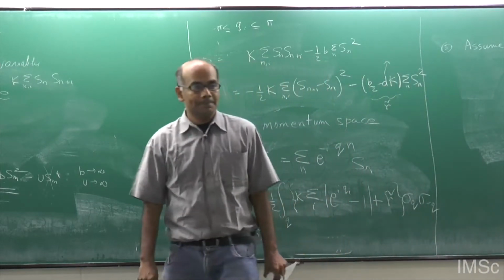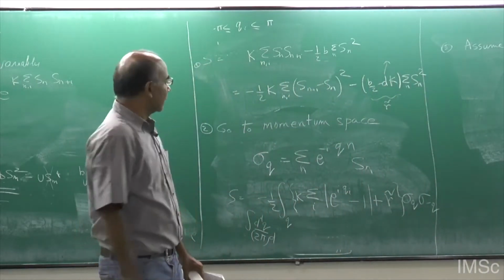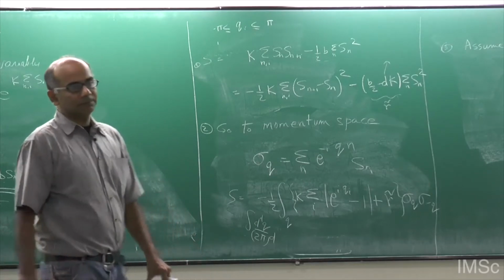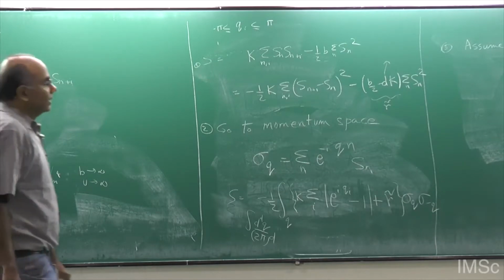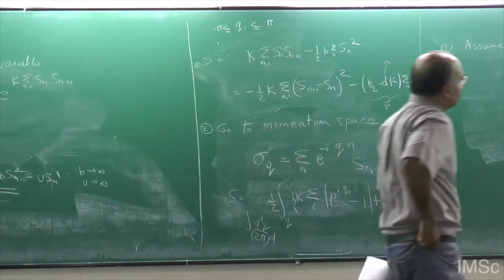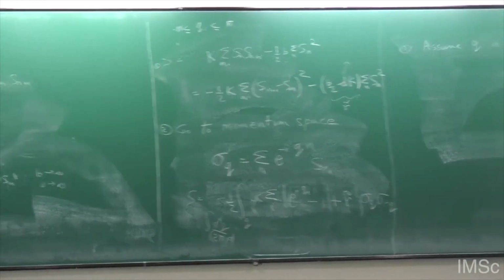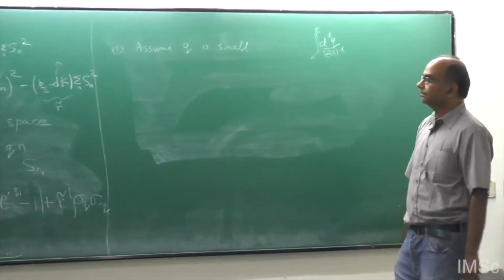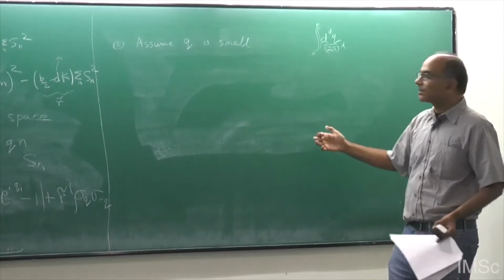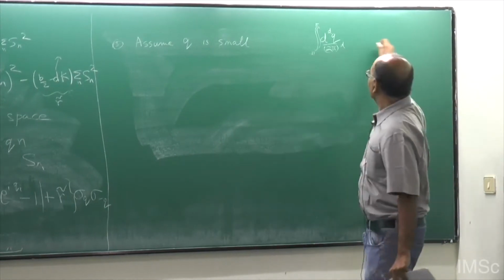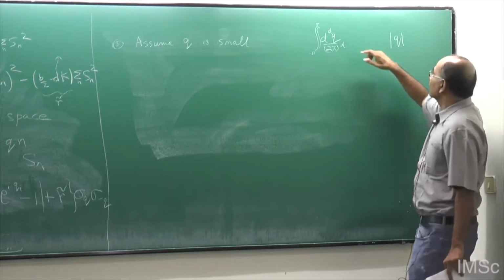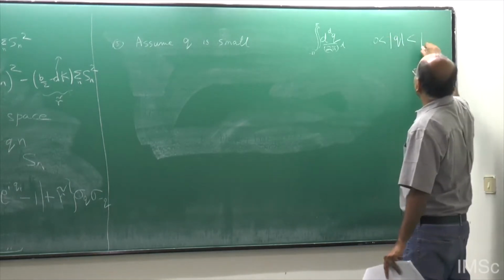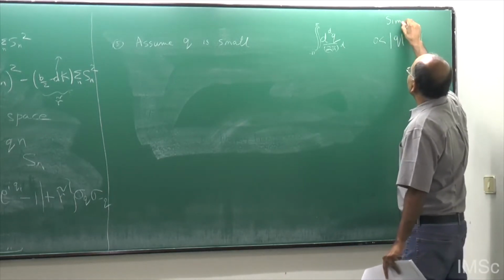Why are we assuming Q is small? To simplify. Just to simplify the problem. That exponential will become something. That's right, yeah. And I'm going to make a further simplification, which is, again, just to simplify the algebra. So the magnitude of Q goes from 0 to pi. I'm going to assume the magnitude goes from 0 to 1. Just to simplify.